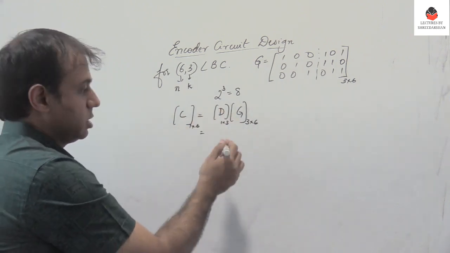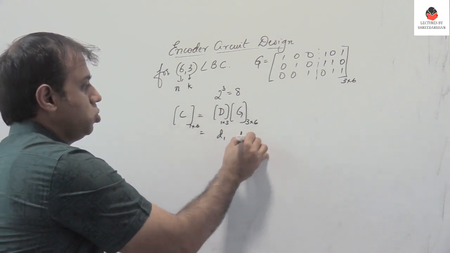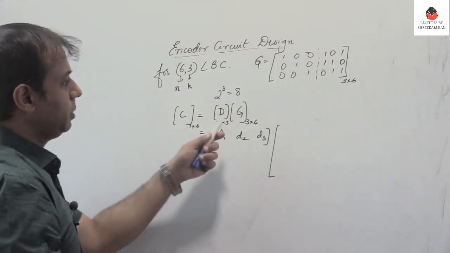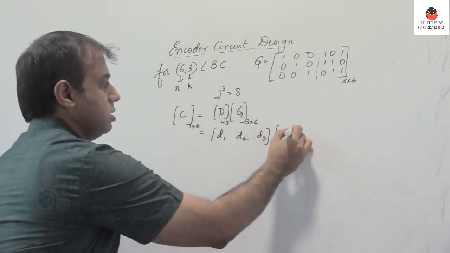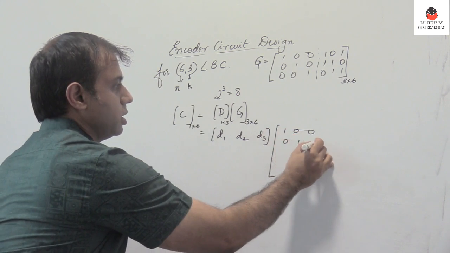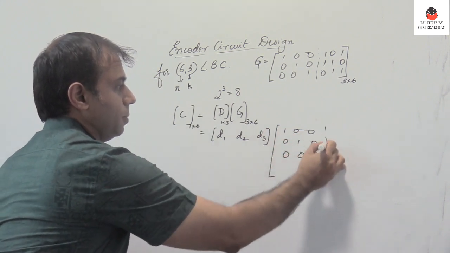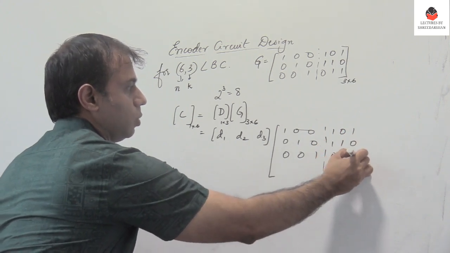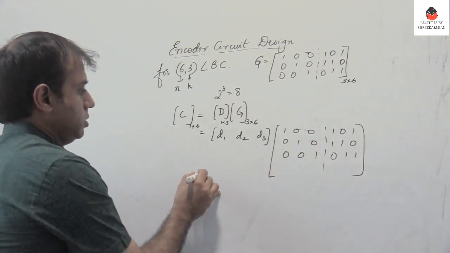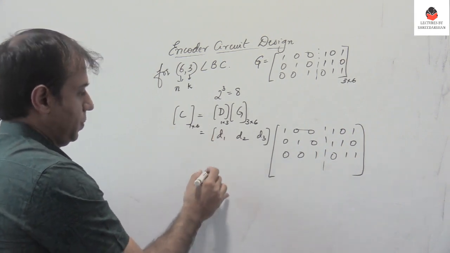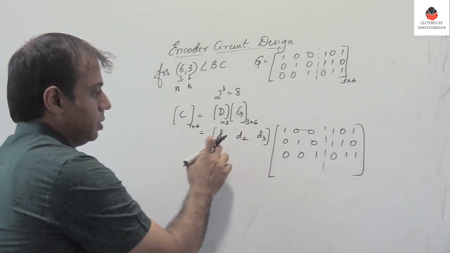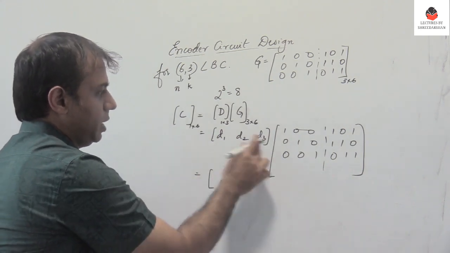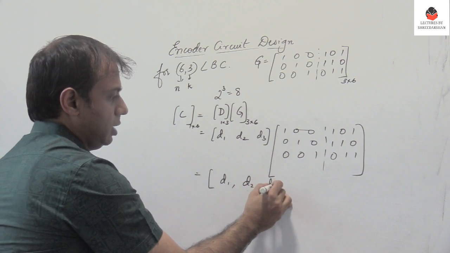So you have 3 bits, let it be D1, D2 and D3, which has to be multiplied with the generator matrix 1 0 0 0 1 0 0 0 1 1 0 1 1 1 0 0 1 1. So what are the 6 bits? The message into the first column gives me D1, the next bit would be D2 and then D3.